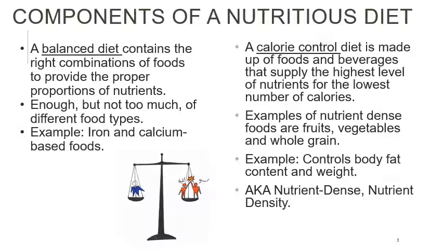For example, it controls body fat content and weight, because if you consume foods that have fewer calories, you're not going to gain as much weight. So another name for it is nutrient dense or nutrient density. Those are some things you might hear as the names for foods with higher nutrients and fewer calories.